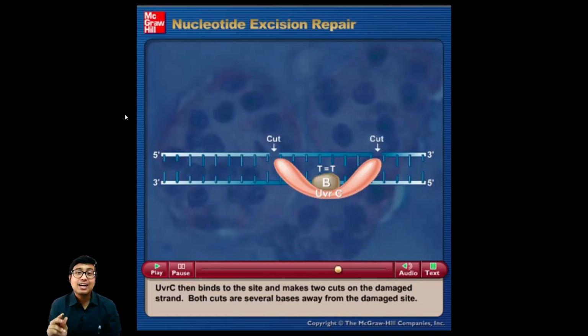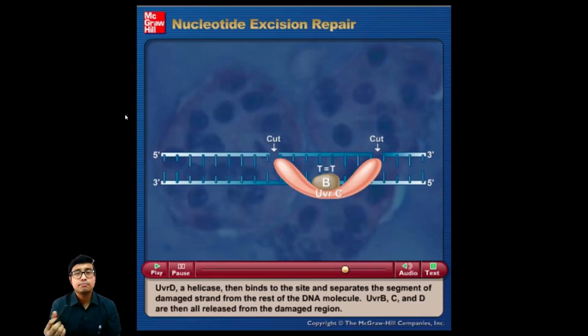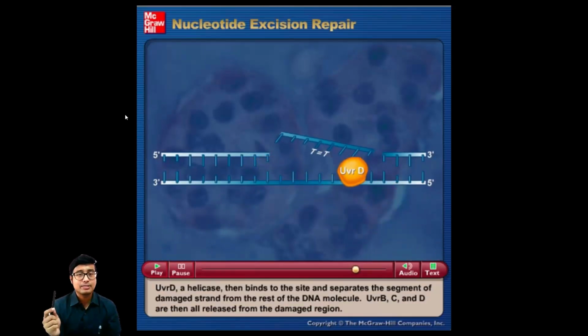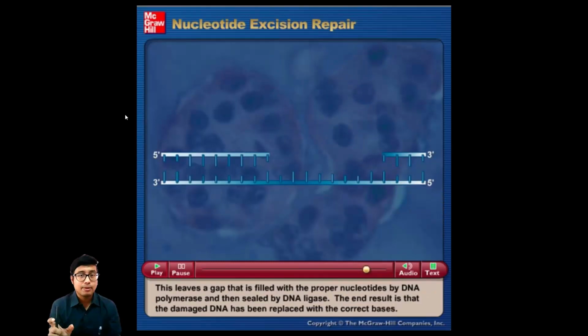UVRC comes and cuts the 5' and 3' ends, a few base pairs upstream and downstream of the lesion, and then UVRD will come. It has helicase activity. It will get rid of the defective site along with the other proteins, UVRB and UVRC. So we have a gap. This gap will now be filled by DNA polymerase. It will use the intact strand as the template strand, and finally the gaps will be sealed by DNA ligase, and the end result is a repaired DNA fragment with no thymine-thymine dimer.